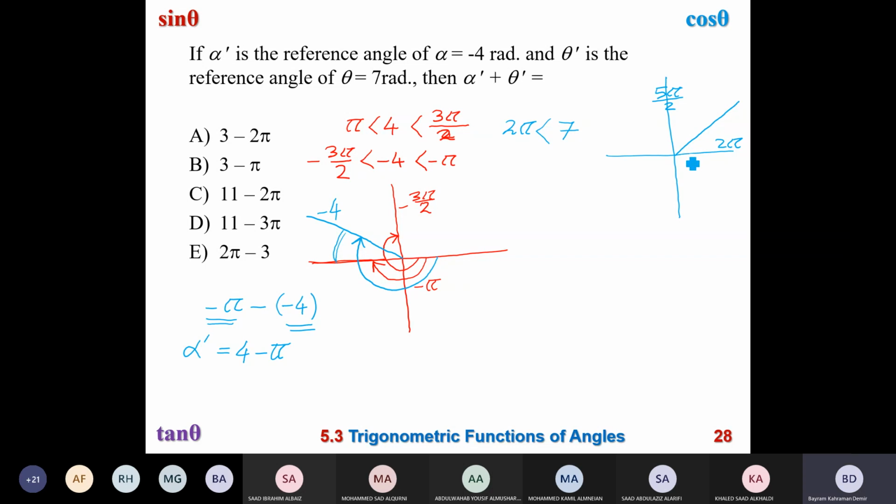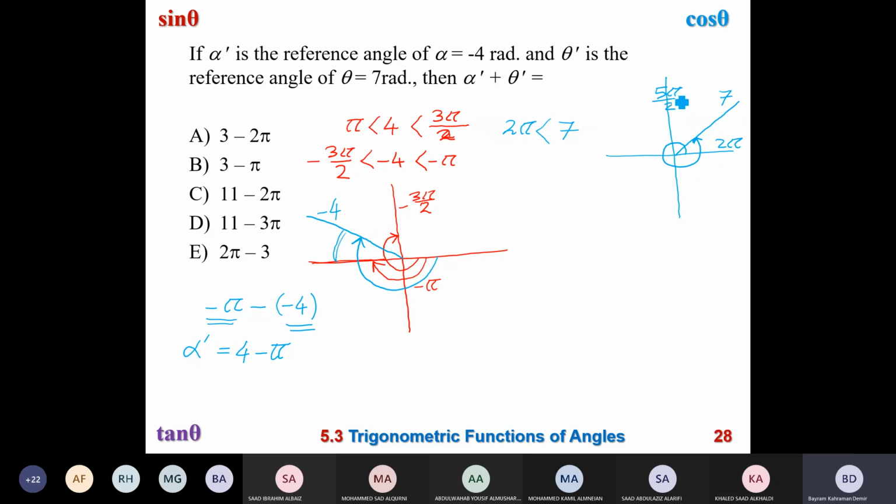That means it is basically 1 rotation and a little bit more than 1 rotation. So for 7 radian, it's 7 minus 2 pi. But we have to make sure that the 7 radian is not going to go to the second quadrant, meaning it's not going to be greater than 5 pi over 2.